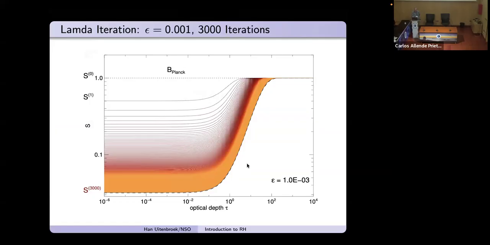It takes about 10 to the 3,000 iterations for epsilon of 10 to the minus 3 to get close. And for a one-dimensional solution, this might be feasible. If you're going to do one, two or three-dimensional non-LTE with large model atoms, this is, of course, prohibitively expensive.